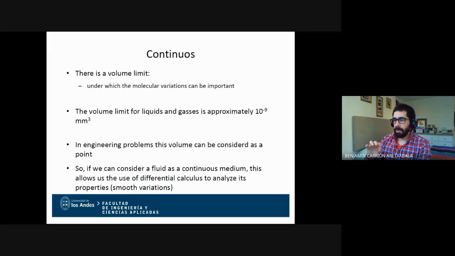And also we're going to be able to assume that all of these properties will vary smoothly across points and across time, and therefore we're going to be able to derive them and integrate them and use differential calculus to characterize them. So we're not going to be counting each molecule, but we're going to treat the characteristic of the fluid as if it represented a point.